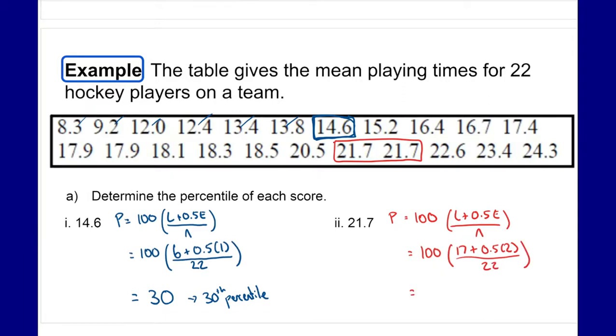When we calculate this, we should get roughly 82, or the 82nd percentile. So this is saying that 82% of our times are below 21.7 minutes, or whatever the time or score happens to be.